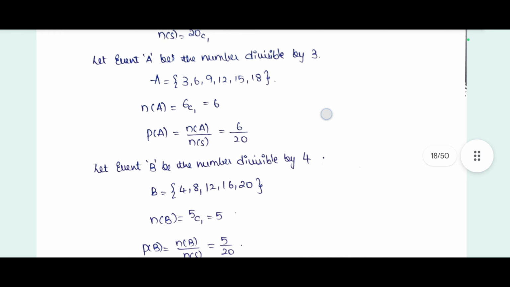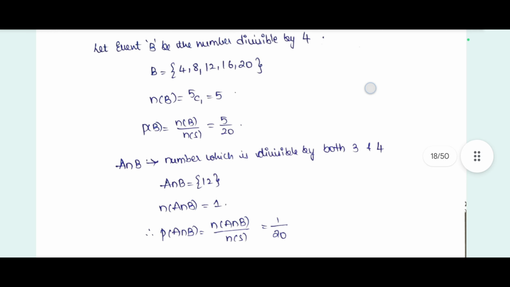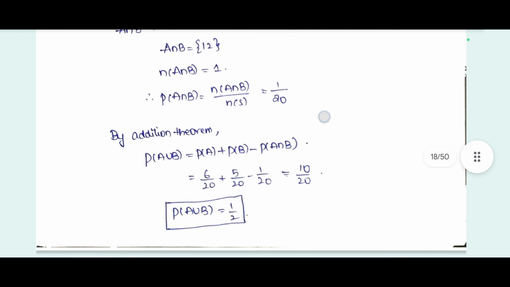So n(A intersection B) is 1. Therefore, the probability of A intersection B is n(A intersection B) divided by n(S), that is 1 divided by 20.